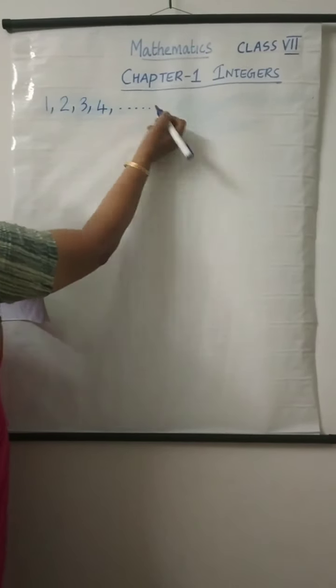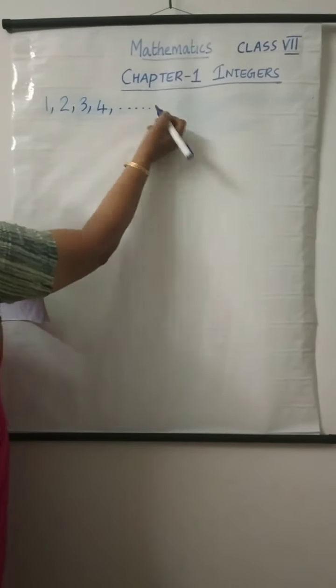Now we can represent these integers on a number line. So first we have to draw the number line. Then 0 at the center.